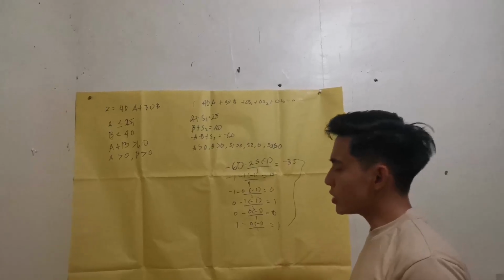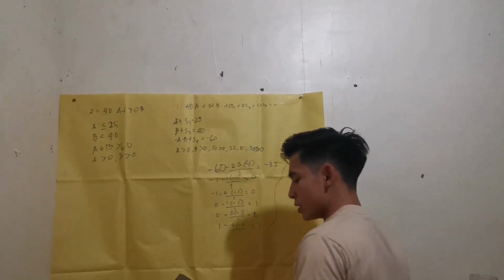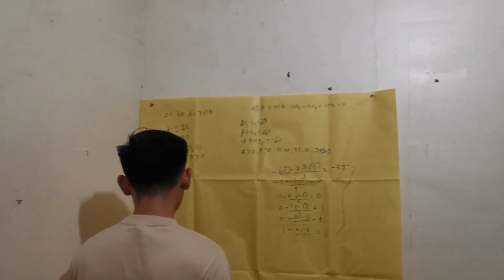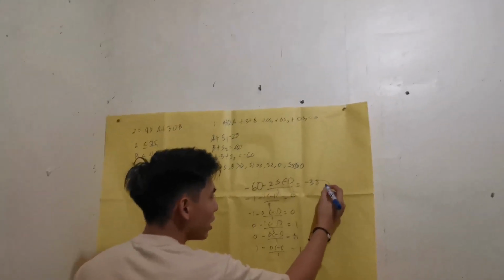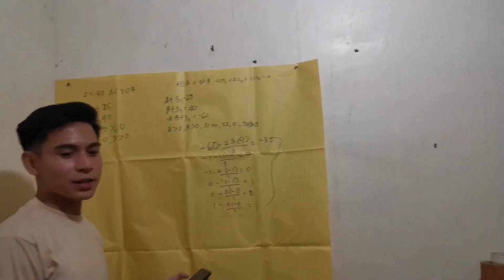And then, to know the c sub j minus z sub j, minus natin yung c sub j sa z sub j, which is ito. Ano na siya, no? So, ito pala yung new values sa s sub 3 kasi nag-change tayo.